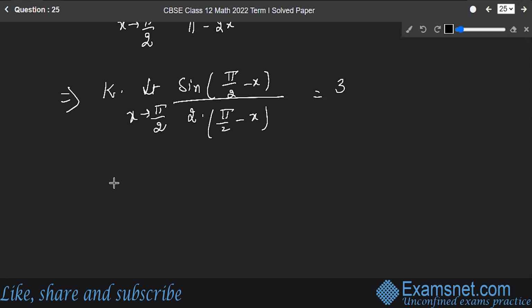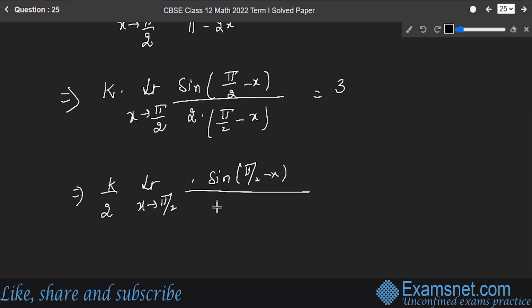Now let's take the 2 outside also. You will have here k by 2, limit x approaching pi by 2 sine of pi by 2 minus x divided by pi by 2 minus x. So you know what this thing is, when limit x approaching a, sine of a.